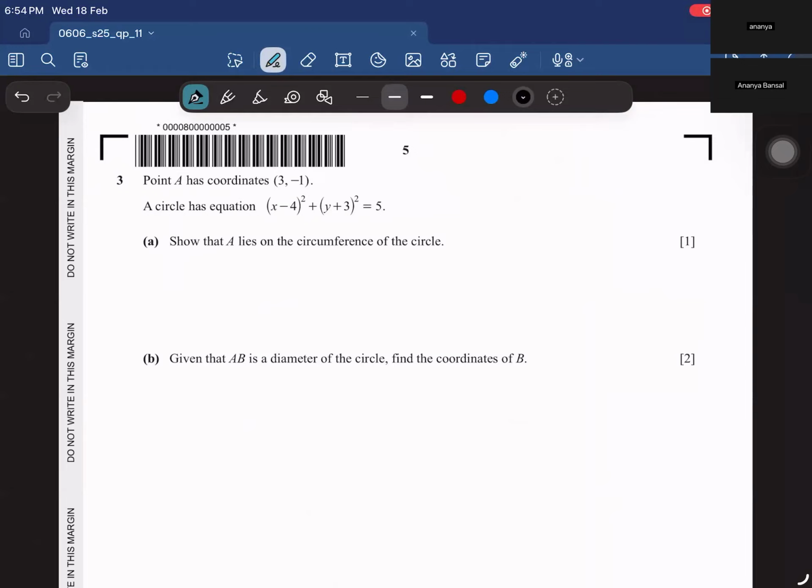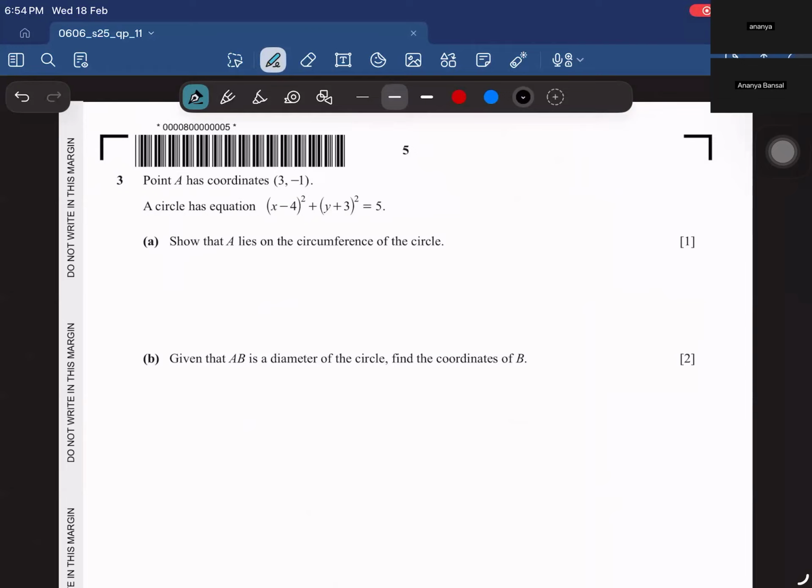Part B says, given that AB is the diameter of the circle, find the coordinates of B. So, for reference, this is our circle where we have point A, and we need to find point B. To solve such questions, we first need to find the center of this circle.